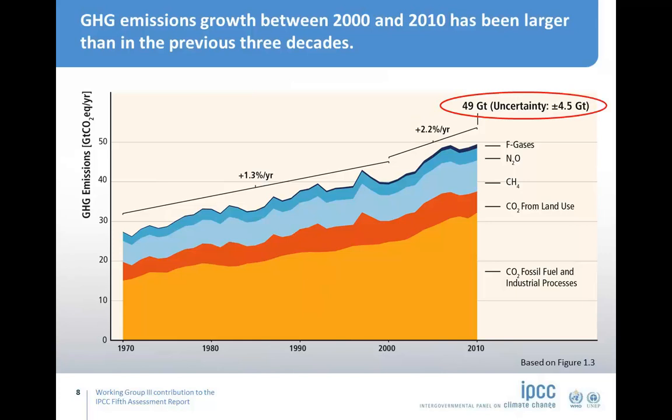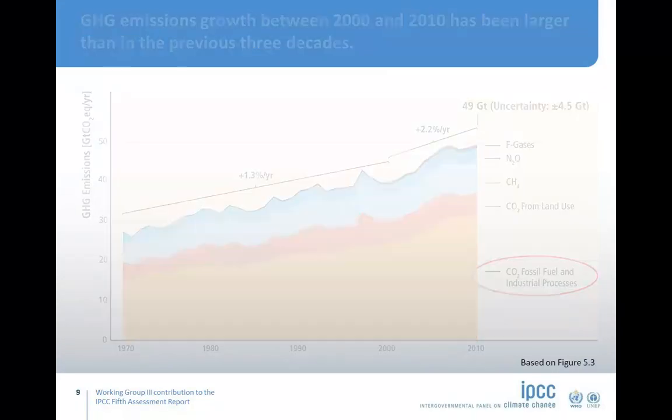When they talk about uncertainty, what the IPCC do is the evidence is always qualified by giving you the kind of range of certainty. So they're very honest about it. So in this case, they're saying that the 49 gigatons of greenhouse gas emissions per year is within 4.5 plus or minus. Okay.